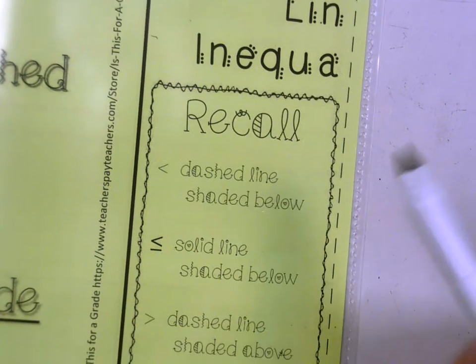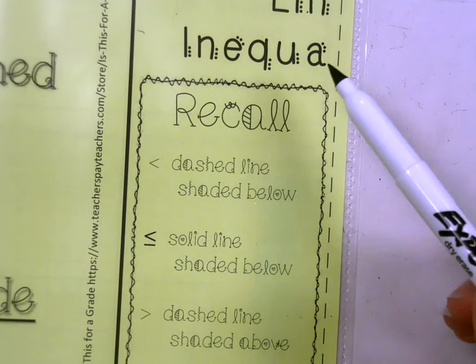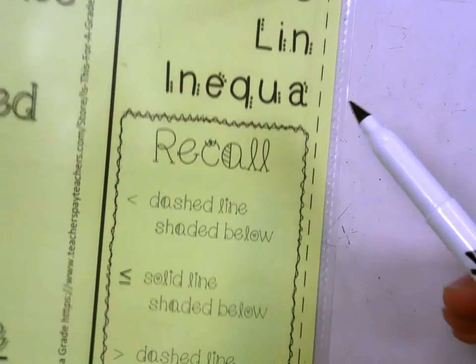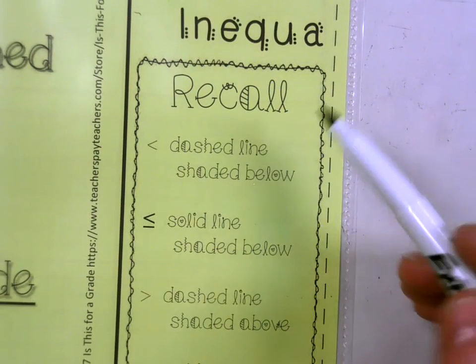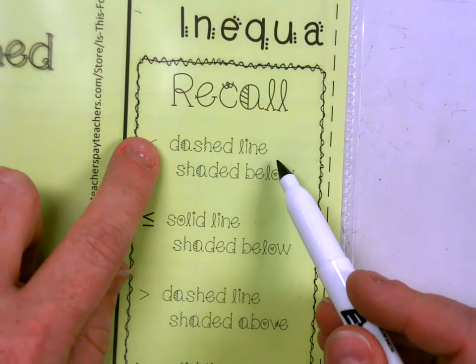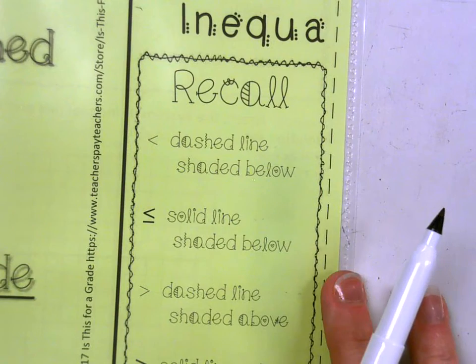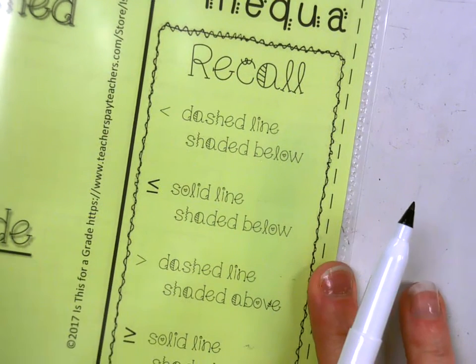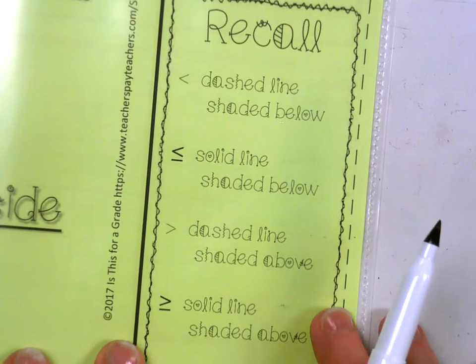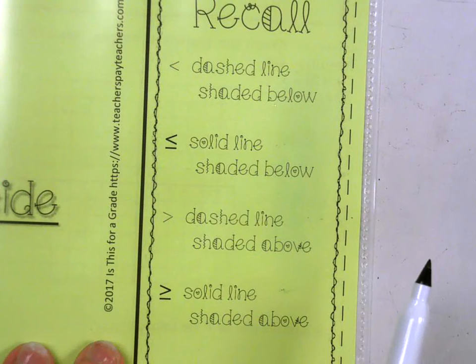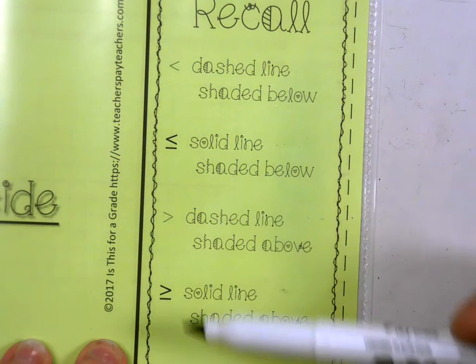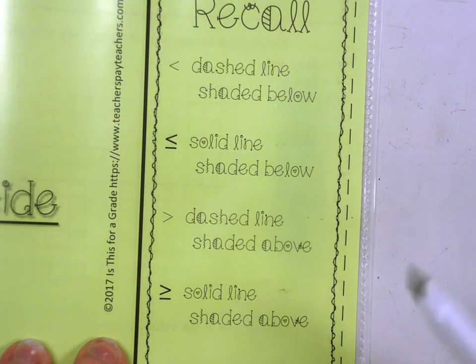Okay, so remember when we did linear inequalities and we had to determine whether it was a dashed line or whether it was a solid line, and then we had to shade. This is a reminder right here of what the symbols mean when you're graphing inequalities.